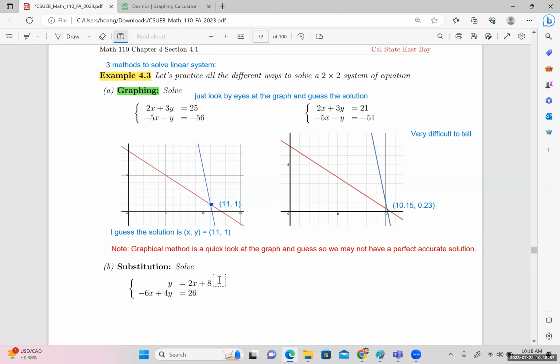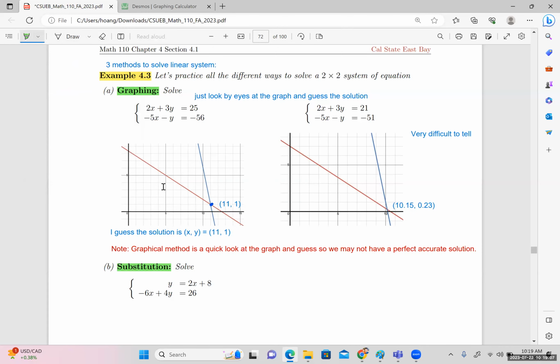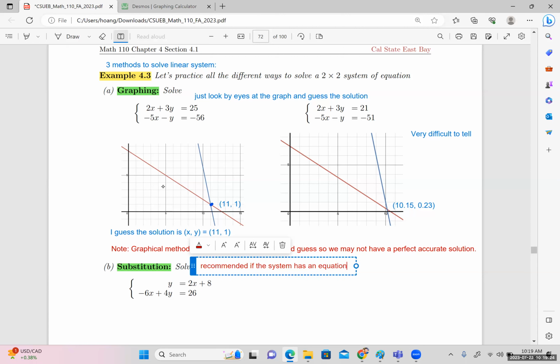Now let's move to another method, and we call this the substitution method. This substitution method is recommended if the system has an equation which has been isolated.